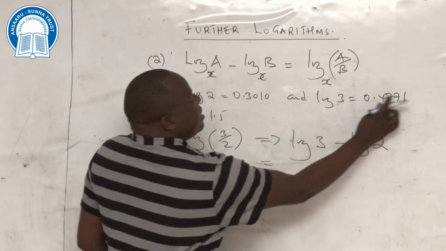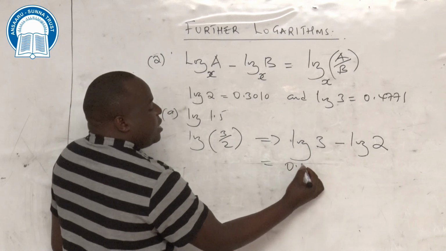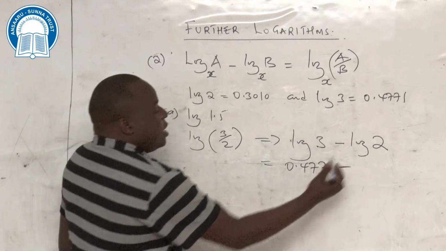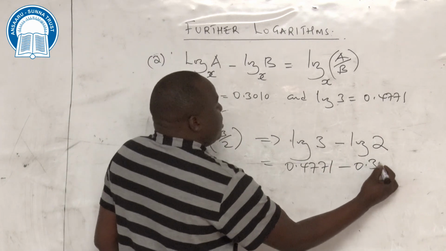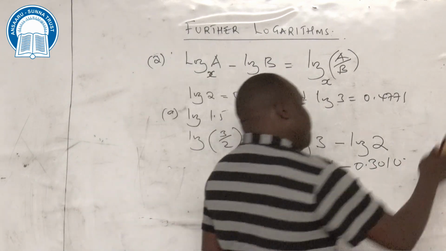Log 3 is the same as 0.4771. So where there is log 3, I'll write 0.4771. Then log 2 is the same as this. I'll write 0.3010. Then subtract this value.